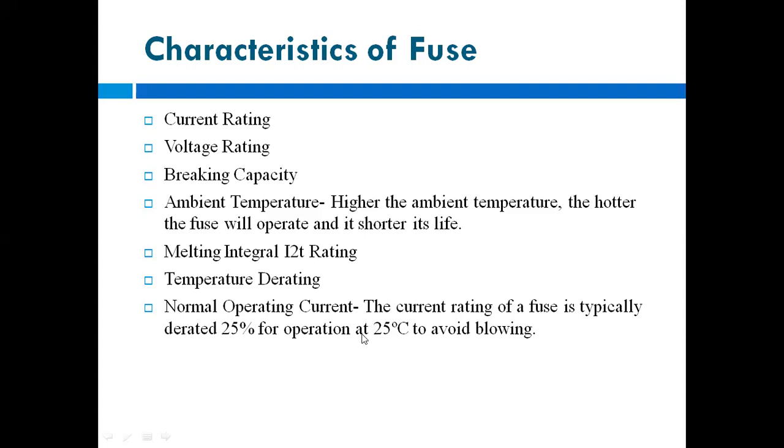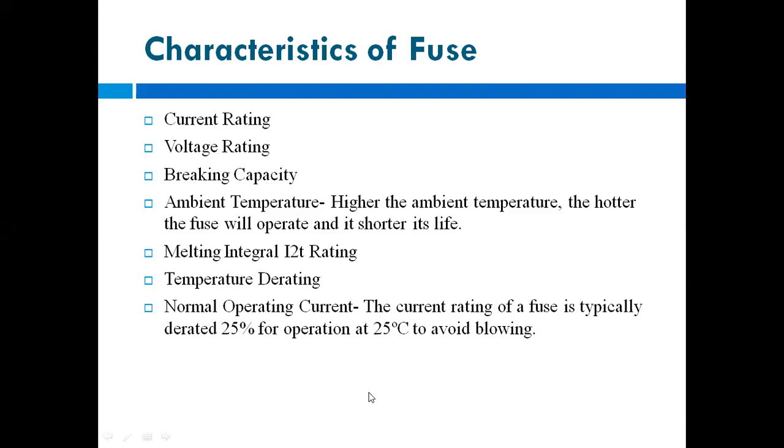Suppose the current rating is 10 ampere, then below that the current should flow in the circuit. That will be your normal operating current, means your circuit is operating under normal conditions.